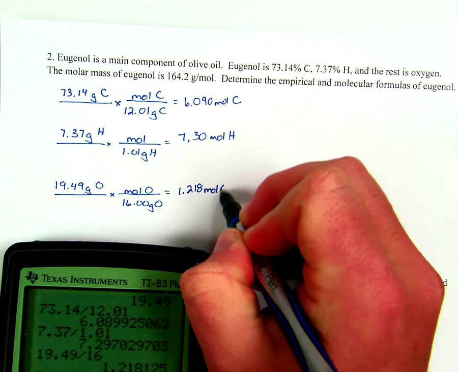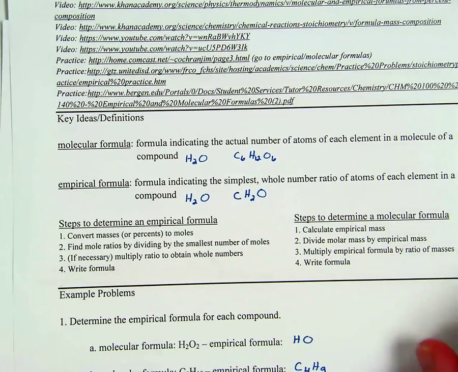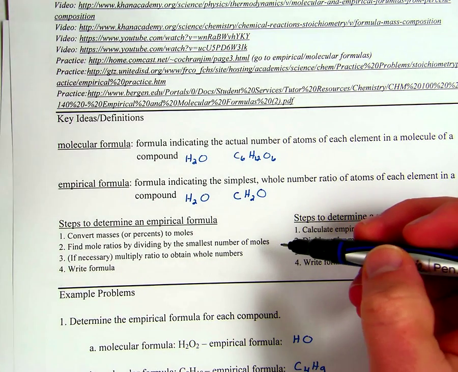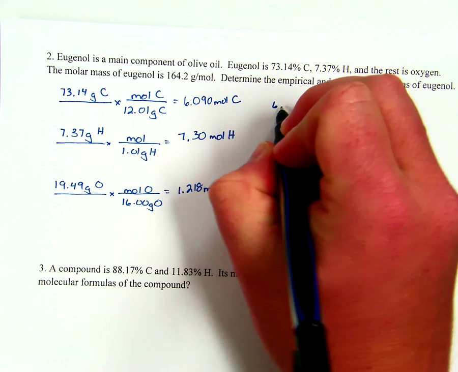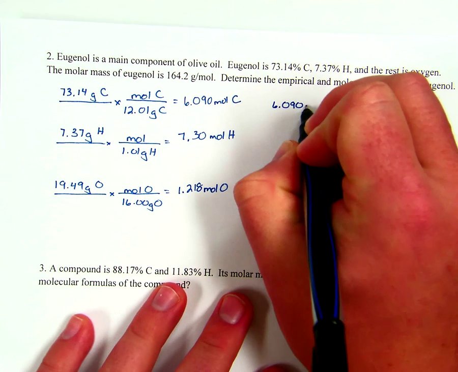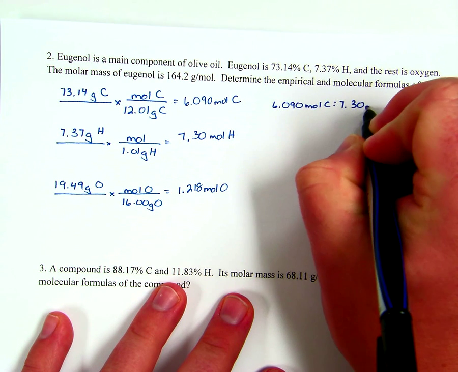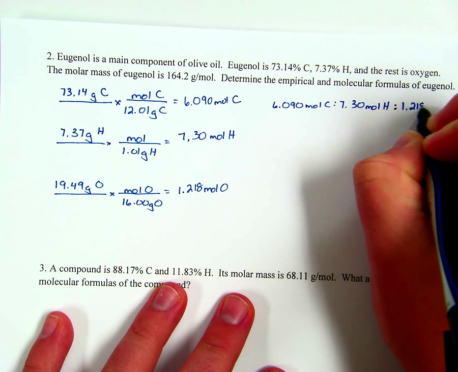So let's take a look at the second step. The second step tells us to find the mole ratios by dividing by the smallest number of moles. So if I go back to my problem here, I'm just going to set up a ratio. I know that in this compound, there will be 6.090 moles of carbon for every 7.30 moles of hydrogen for every 1.218 moles of oxygen.